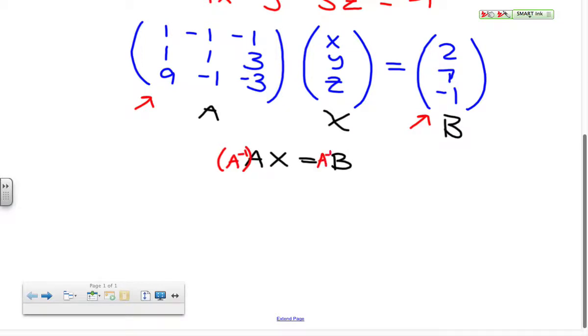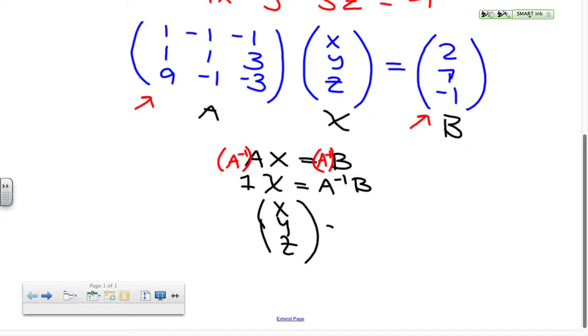If I don't do it in order, it won't work because it's not commutative. The A and the A^-1, the inverse times itself, gives us the identity matrix, which essentially comes out to 1. So X equals, and I still have this A^-1 B here. This would give me the matrix X, Y, Z is equal to A^-1 B.